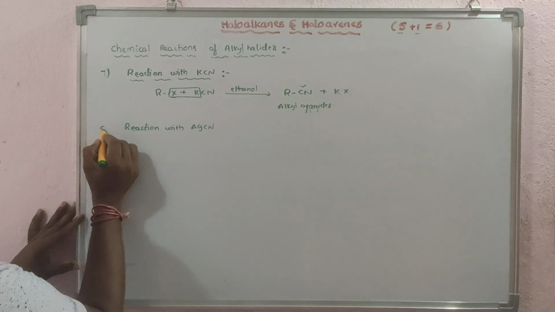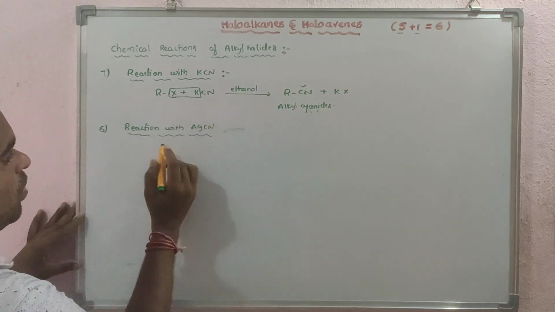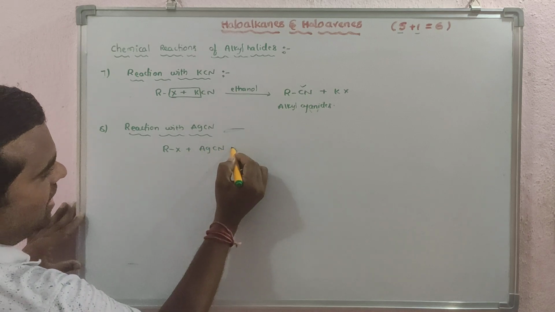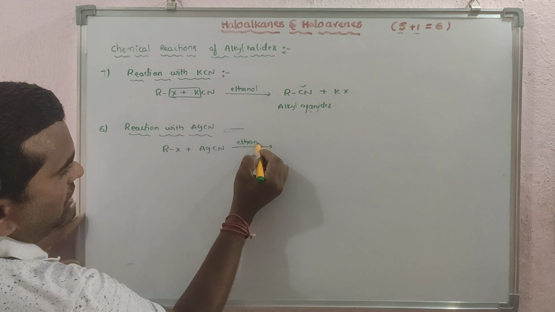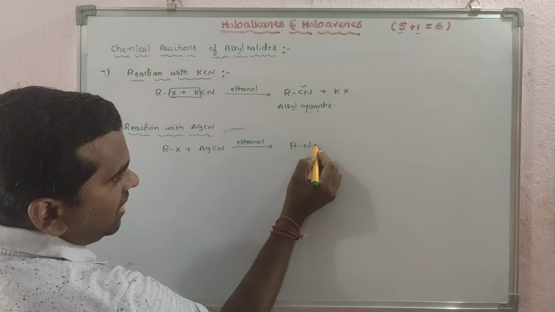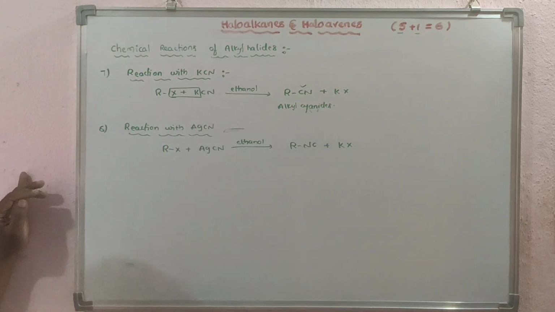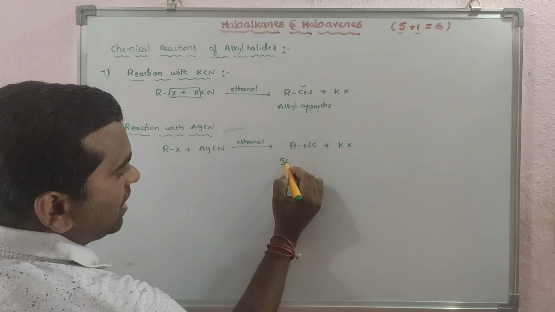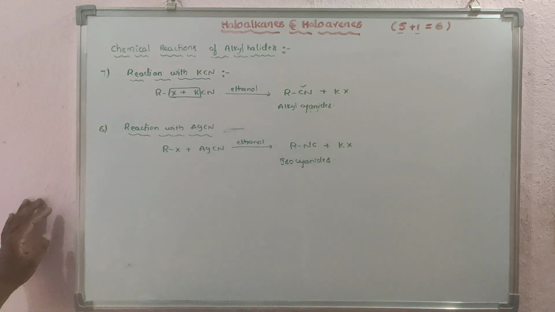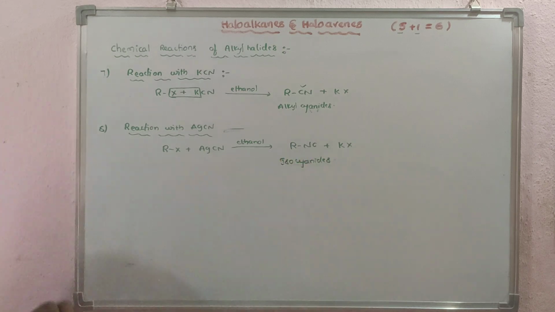Alkyl halides treated with AgCN in the presence of ethanol give the compound RNC, alkyl isocyanides, plus AgX. Clear? Here cyanides, here isocyanides. What is the difference?